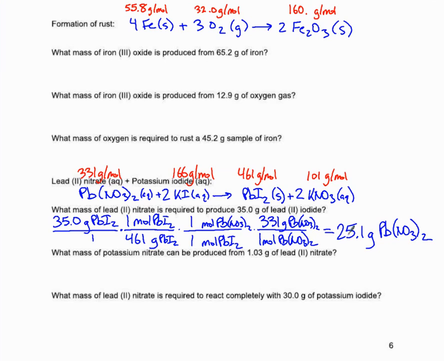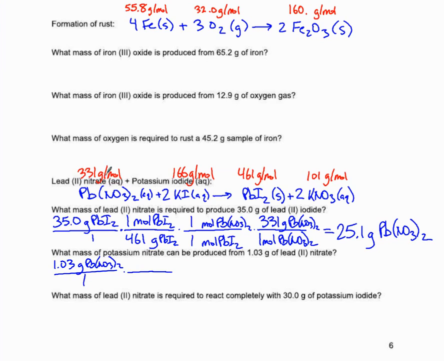What mass of potassium nitrate can be produced from 1.03 grams of lead-2 nitrate? First thing to do, convert it to moles.